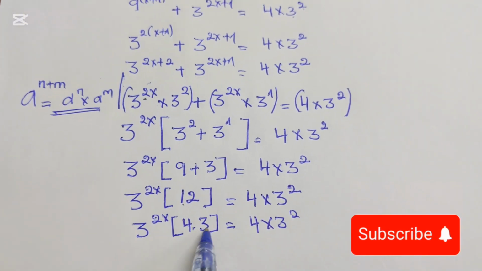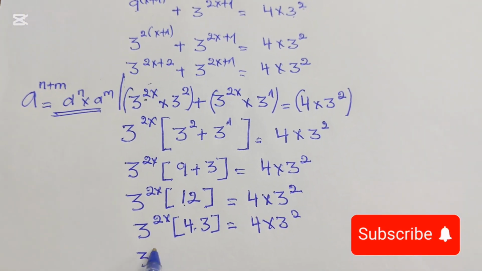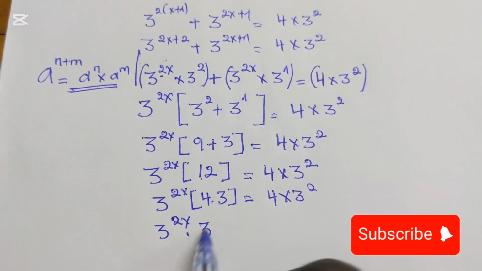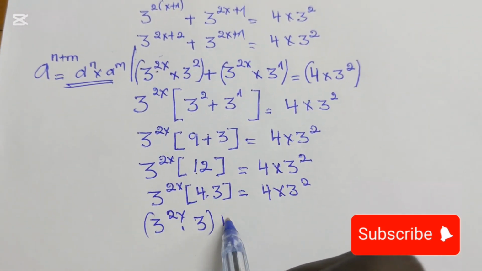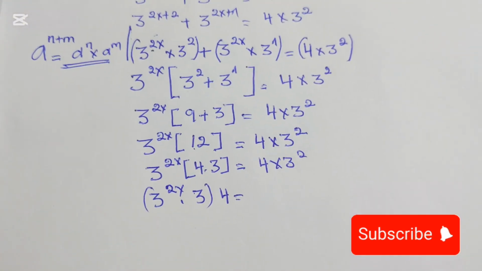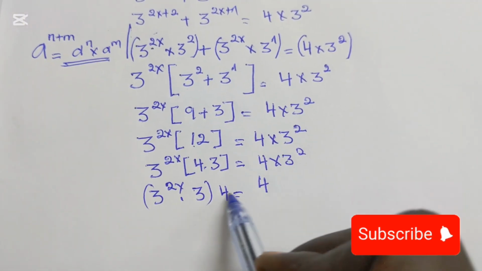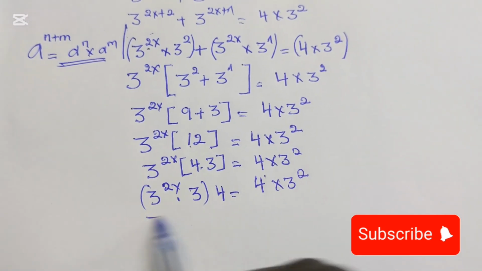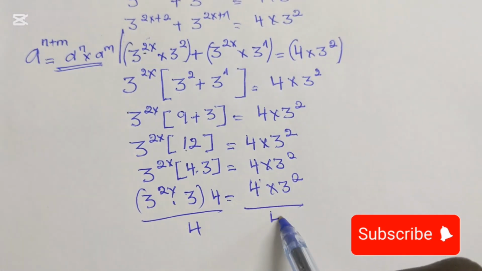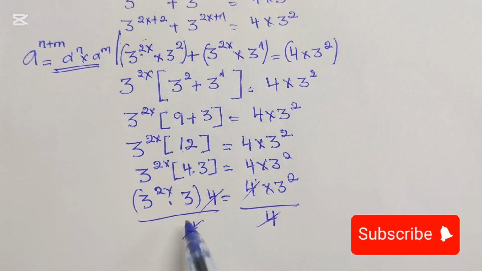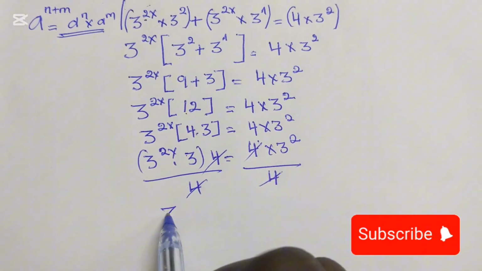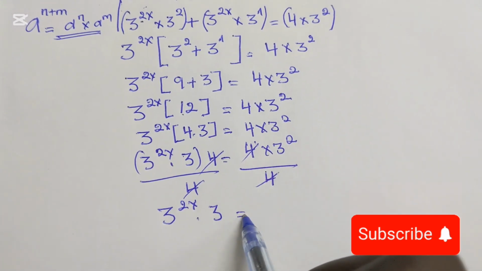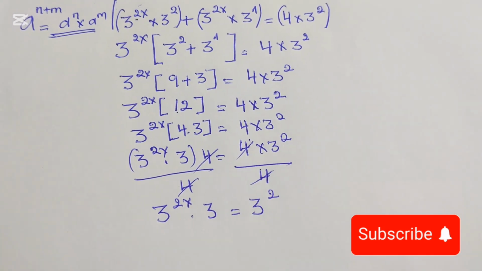Then you can put this 4 outside to get 3 power 2x times 3, bracket of 4, because mathematics is commutative, which is equal to 4 times 3 squared. Now, by 4 here, this one will be cancelled to get 3 squared.